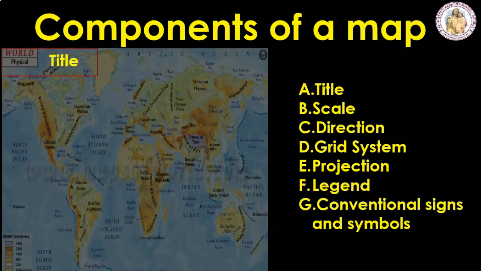Scale. It makes it possible to reduce the size of the whole earth to show it on a piece of paper. Statement scale. The statement scale describes the relationship of the map distance to ground distance in words. It is expressed as 1 centimeter equal to 10 kilometers.